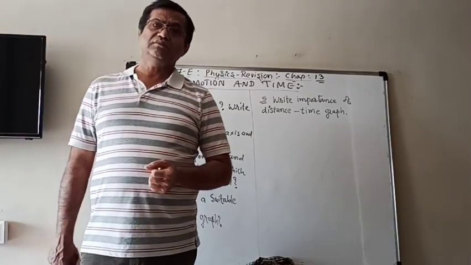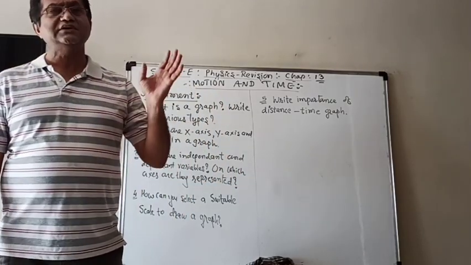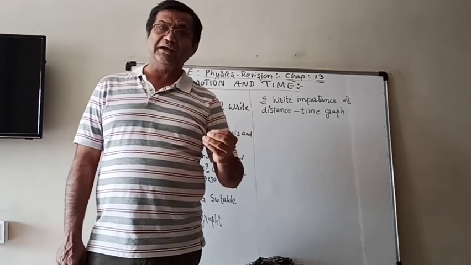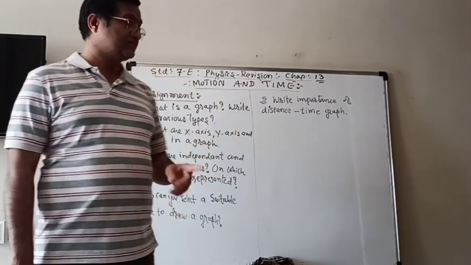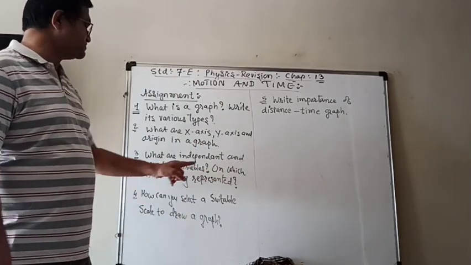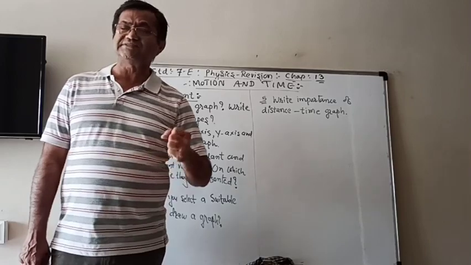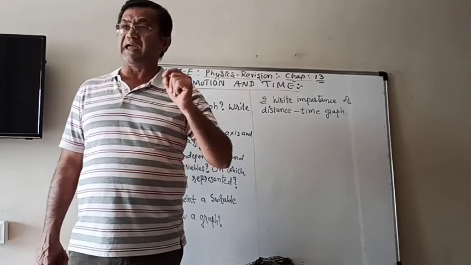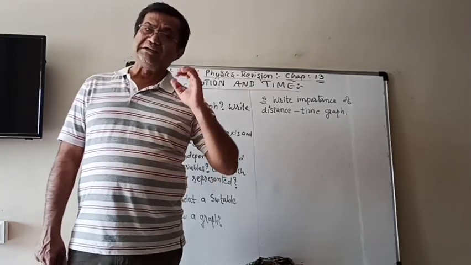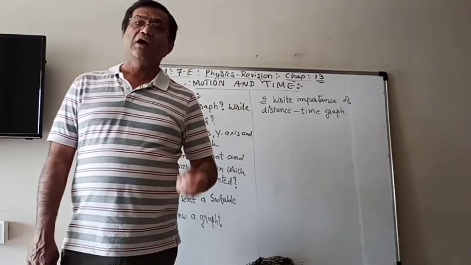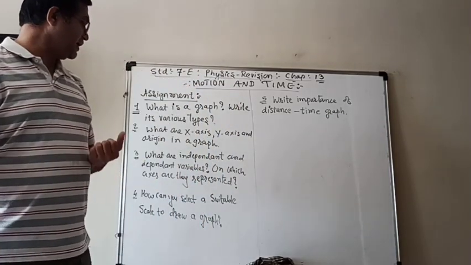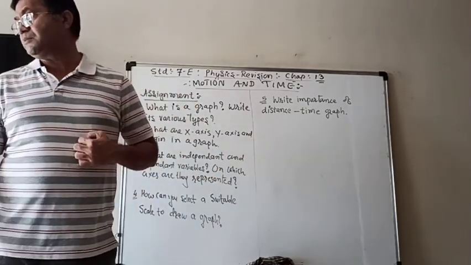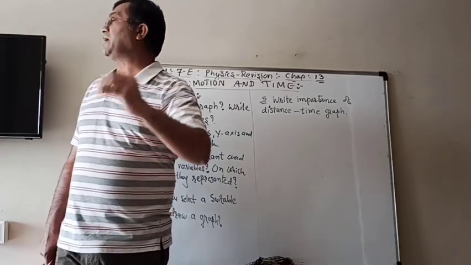Now generally the independent variable is located on the x-axis and the dependent variable is represented on the y-axis. So the question is, on which axis are they represented? As I told you, the independent variable is represented on the x-axis, while the dependent variable is along the y-axis. And then when we locate them, we need one more important thing, that is the particular scale.